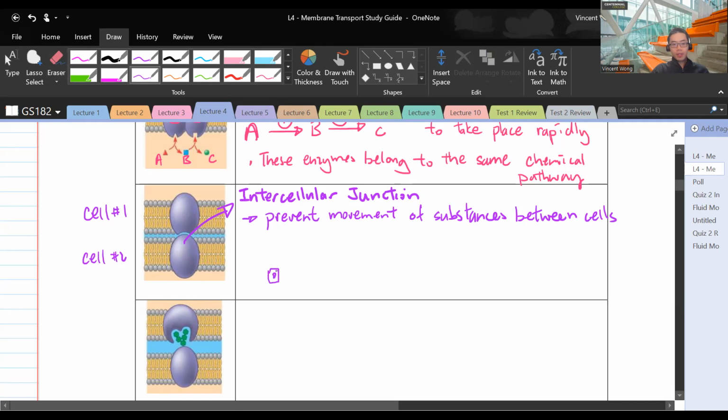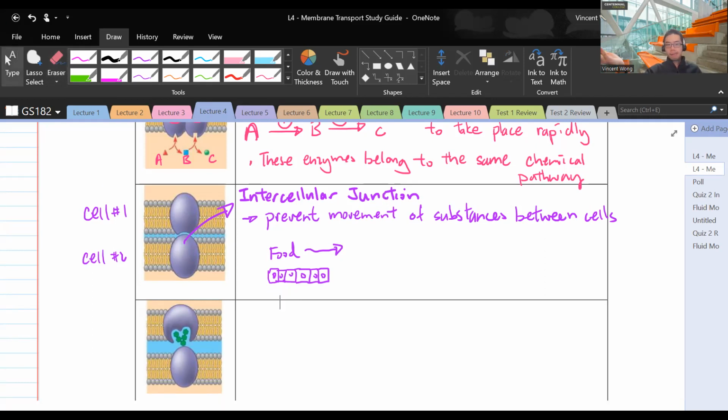There you would have the cells that make up the walls of the intestine, and then you would have the food passing by. You don't want the food to leak between the cells, right? You want the food to stay inside your intestinal tract, and to keep it that way, you need the intercellular junction. Same thing for blood vessels.